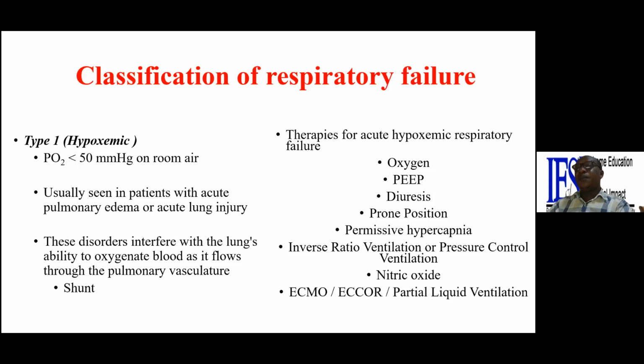The first one, as we told in the last session, is oxygen. We need to increase our positive end-expiratory pressure to increase the surface at the level of alveoli, as we said before. In case of pulmonary edema, you will need diuretics to eliminate the fluid causing overload. As Xavier told in recent slides, the patient can be put in a prone position.